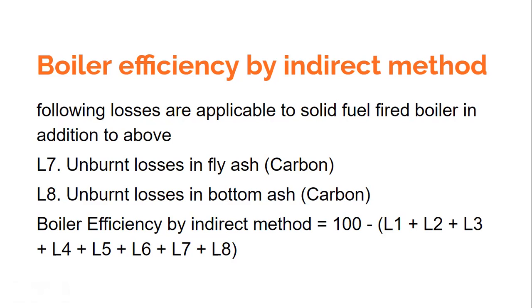Similarly, L2 percentage means the energy which is lost upon the energy in the fuel. This way you calculate. L7 would be the energy lost in the fly ash upon the energy in the fuel. If we can calculate L1 percent, L2 percent, up to L8 percent, that total percentage has to be subtracted from 100, and that would give you the boiler efficiency by the indirect method.